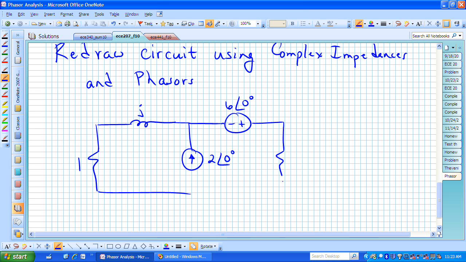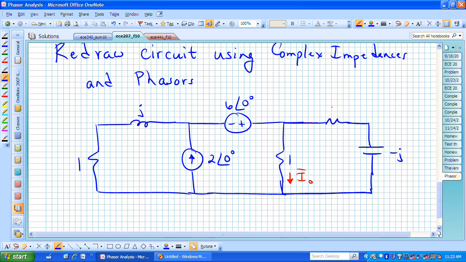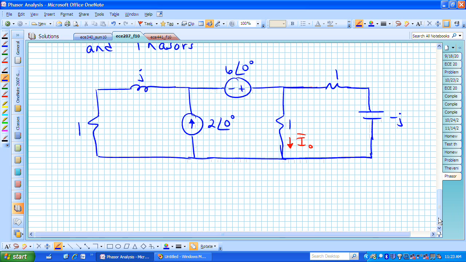We had another 1 ohm resistor, vertical, and that was actually the branch where our current was that we're trying to solve for. And we also have another resistor and this capacitance of minus j, and the resistor value is 1. We now want to analyze this circuit.